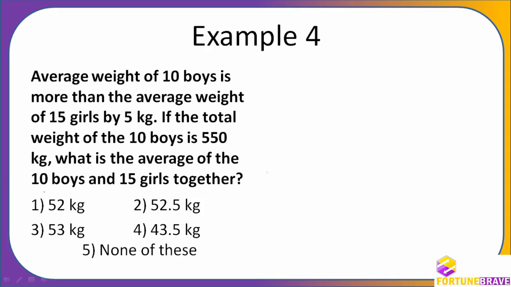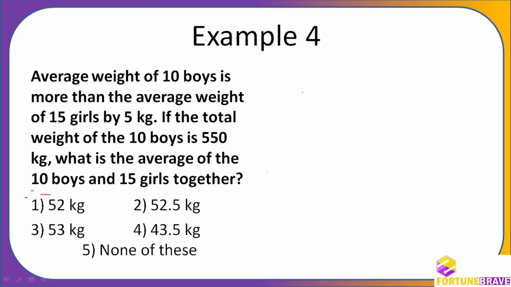Okay. Now we'll see this question. Average weight of 10 boys is more than the average weight of 15 girls by 5 kg. Okay, so this is a little bit higher type of question. So there are 3 things that we need to note.